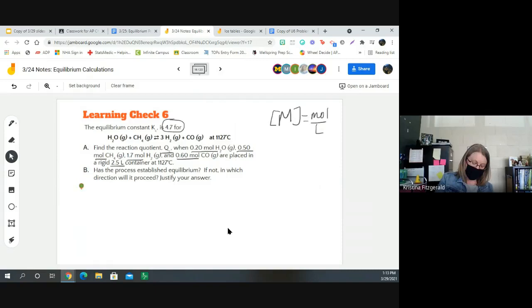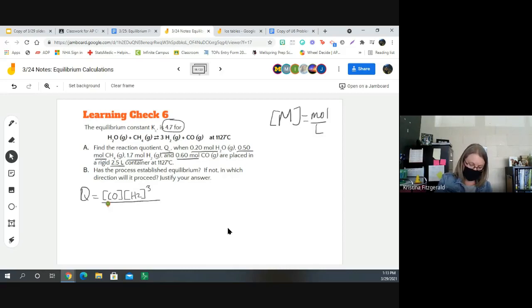But okay, so let's first of all just write our quotient. Write it out. Thomas, are there any parts we're going to ignore, or do we want to keep all the parts? We want to keep all the parts. Why do we want to keep all the parts? They're all gases, so their concentrations are going to change. And so we do care about that because that'll affect how our reaction moves around.